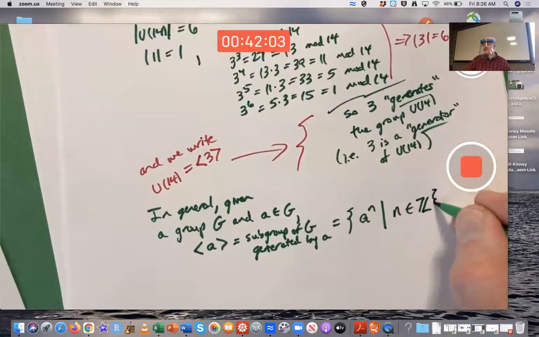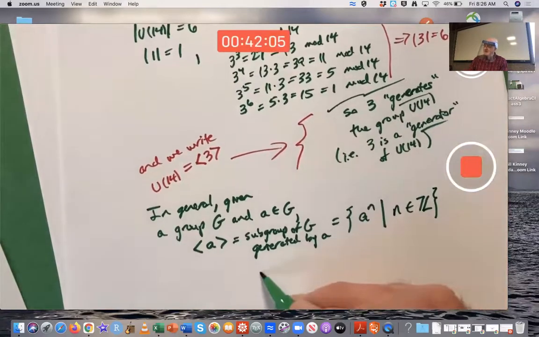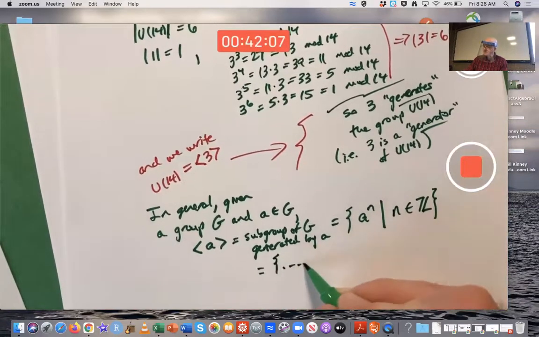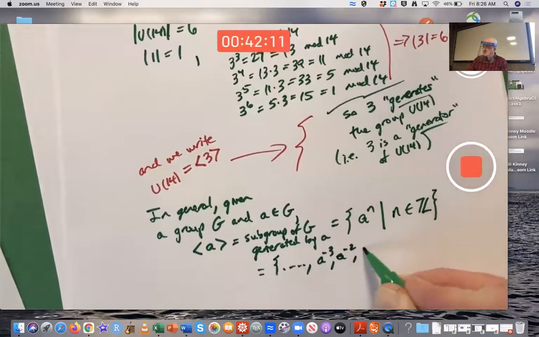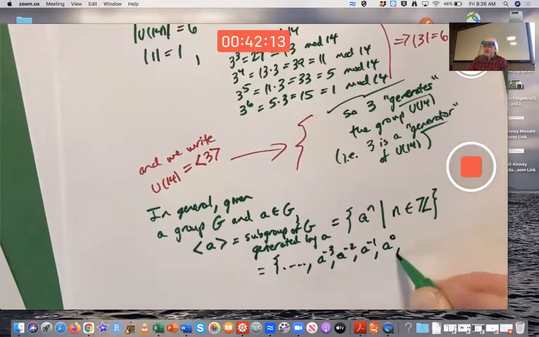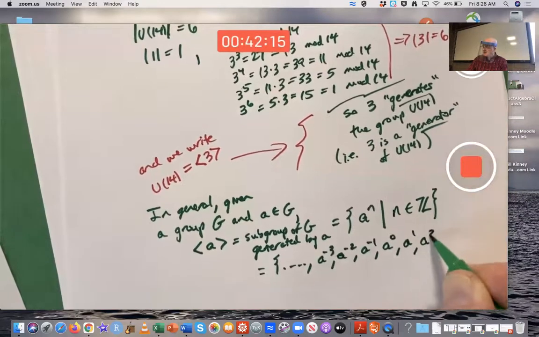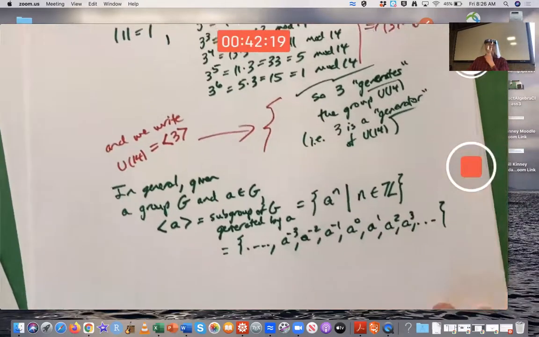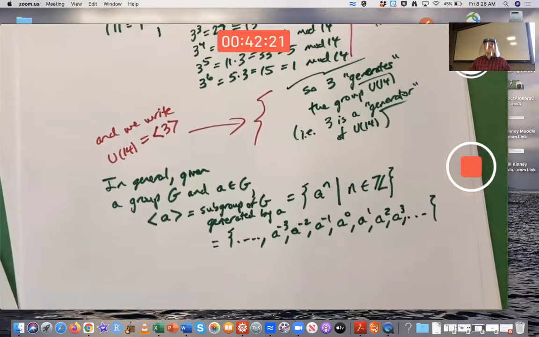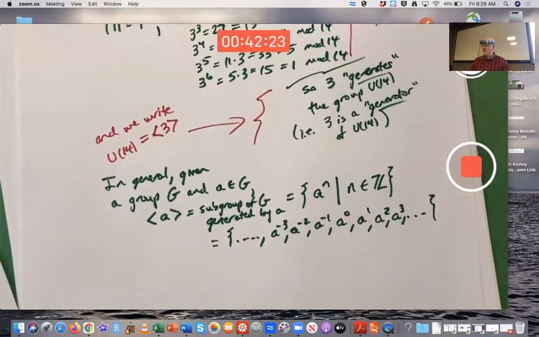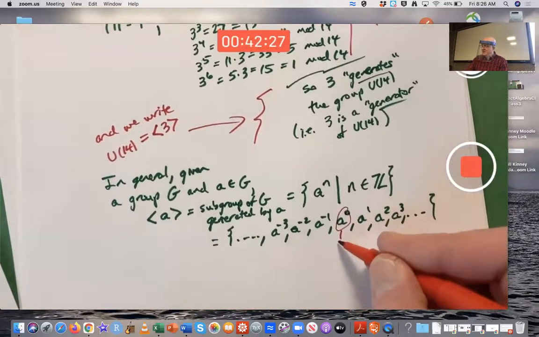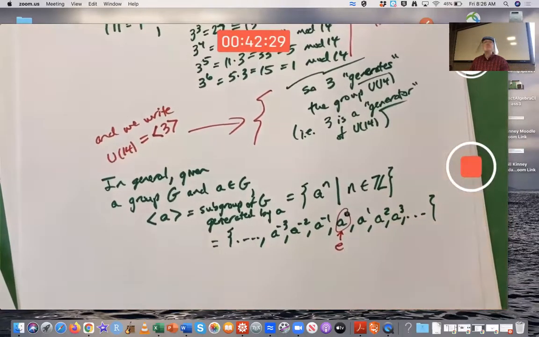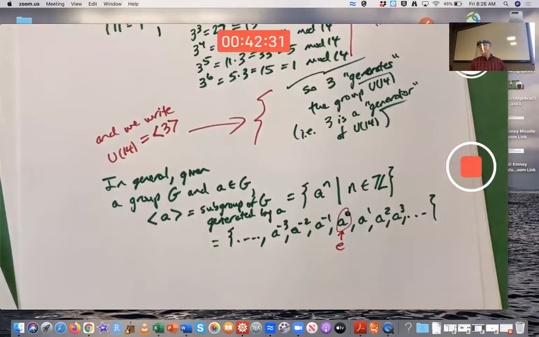N is an element of Z. So we are talking about negative powers as well. A to the 0 power by definition is E, not the number E, but the identity of this abstract group.